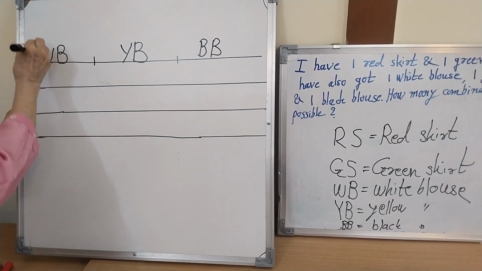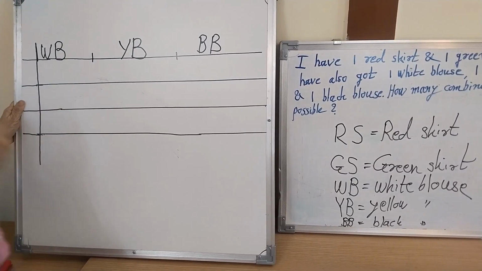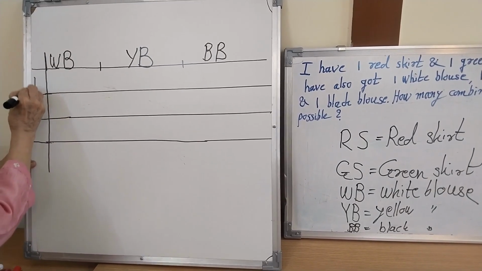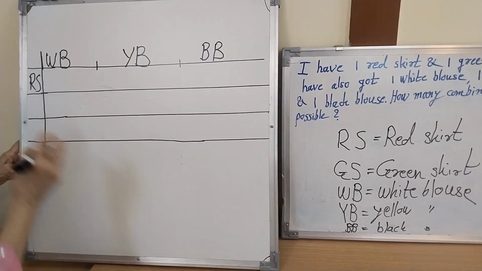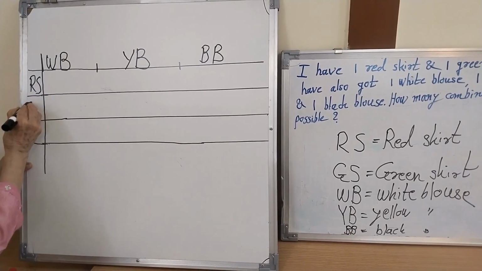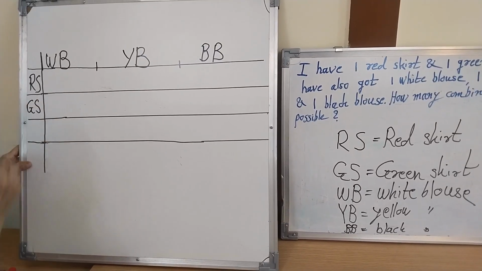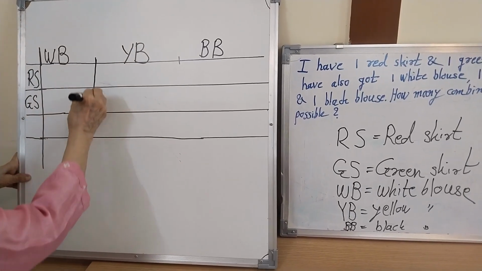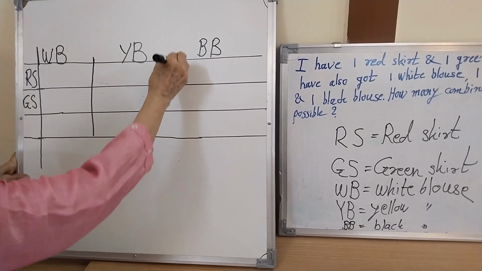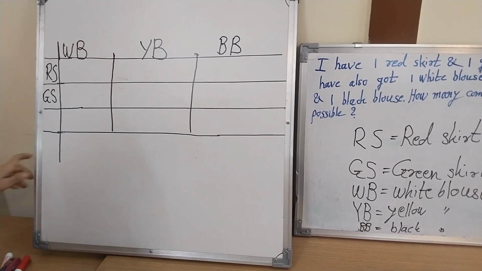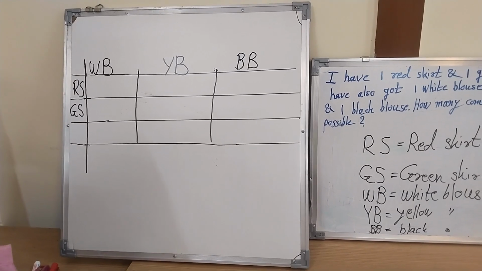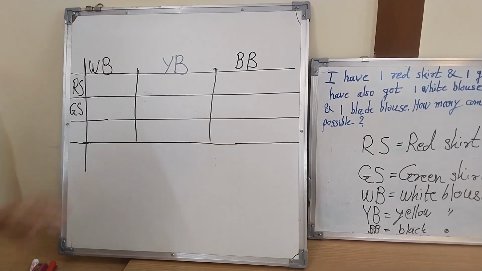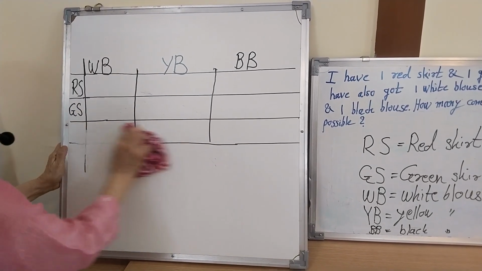Now on this side we will be representing skirts, RS, that is red skirt, and GS, that is green skirt. Now let us form this table. Now the lowermost part is not required because we have already filled up all the terminology, and hence we will wipe off this part.